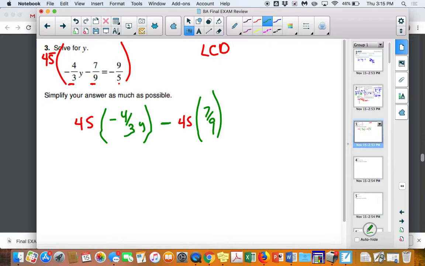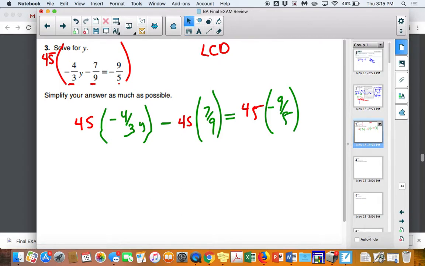Now, it might have been better to put the minus over here with the 7/9. It doesn't really matter. As long as it's in there once, it's all good. And then put your equal, and then 45 times negative 9/5. Okay, so all I did was put a 45 on each one of them.